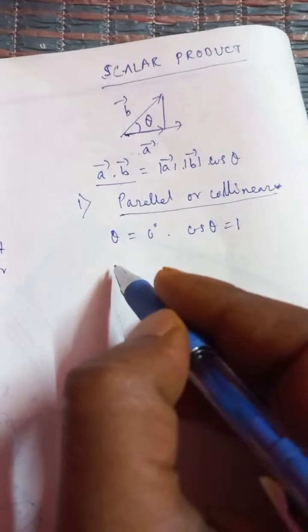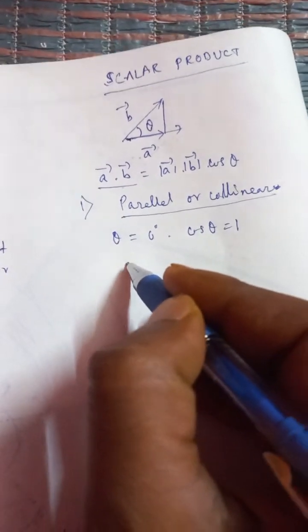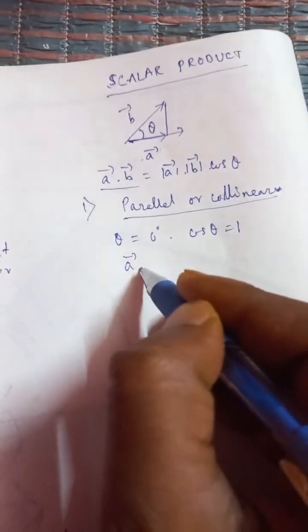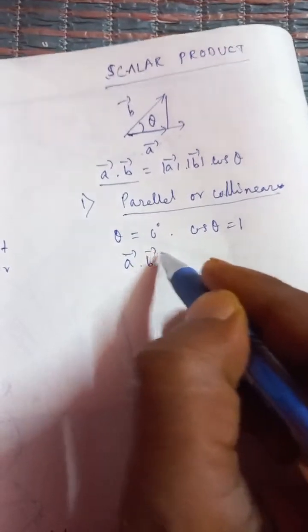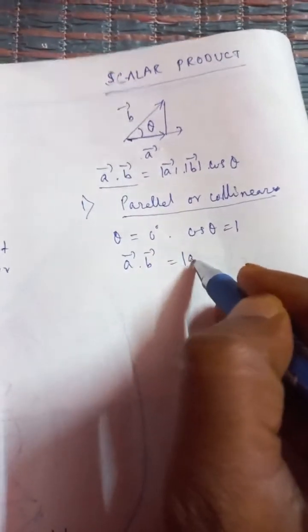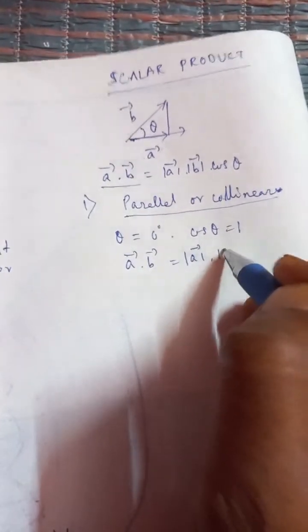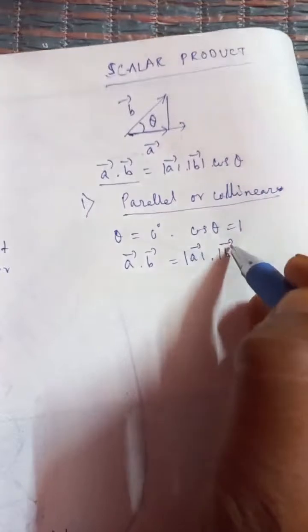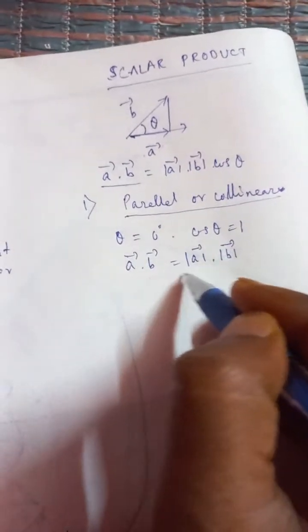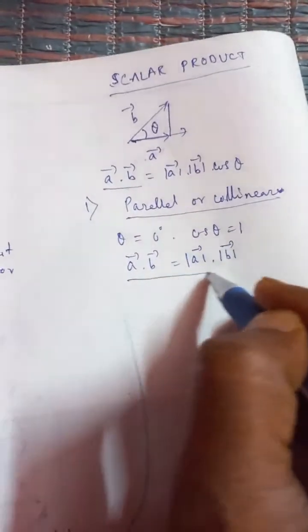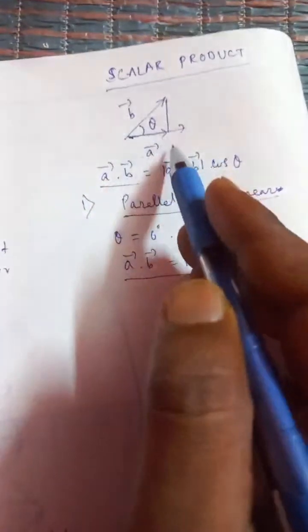Then the condition will be A vector dot B vector is equal to mod of A vector times mod of B vector. So if they are equal with this condition, then the two vectors are collinear or parallel.